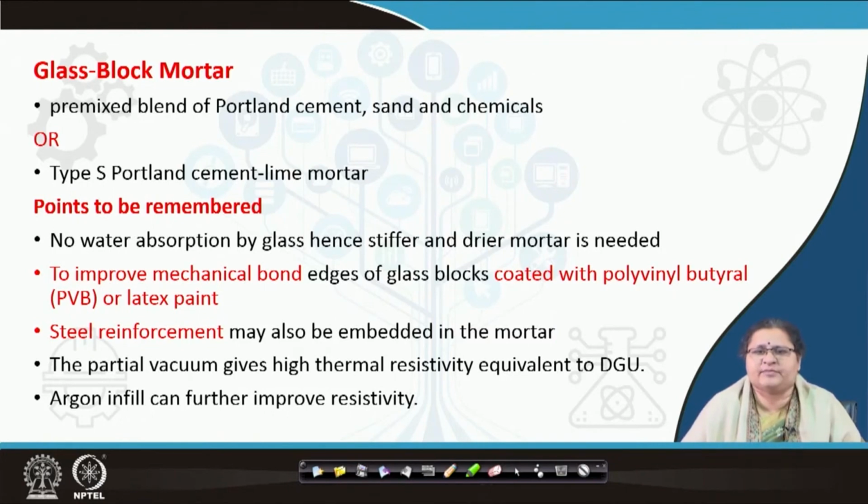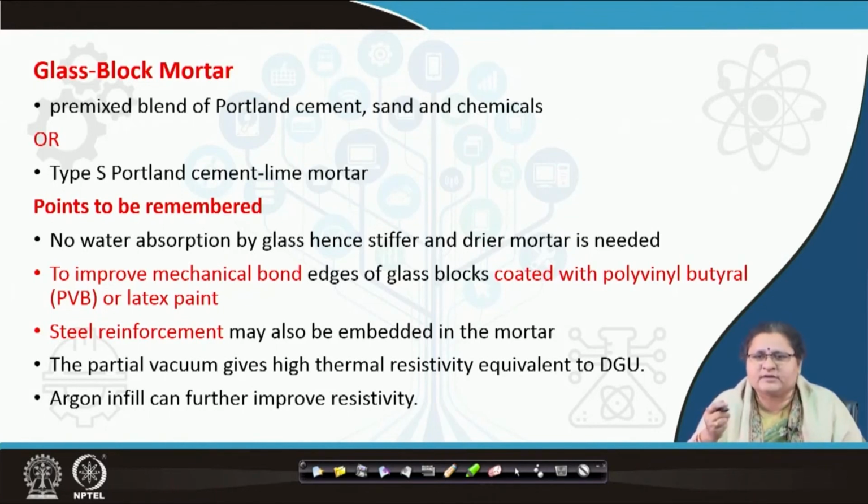Later we will have a chapter on paints, so let us not bother on this, but we can improve the mechanical bondage between the glass wall and the adjacent wall by coating with PVB or latex paint. Steel reinforcements may be pushed in, embedded in the mortar to make it more strong.